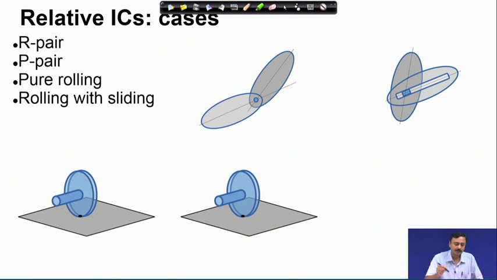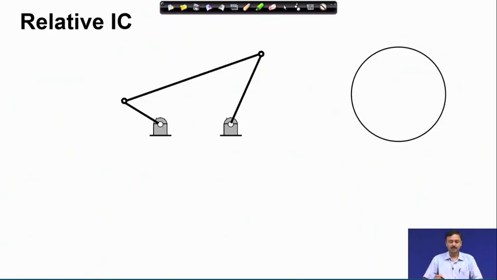Now, let us apply these concepts in mechanisms. So, we will try to locate the relative ICs for this mechanism. Let me number the links first. So, ground is 1, this is 2, 3 and 4.